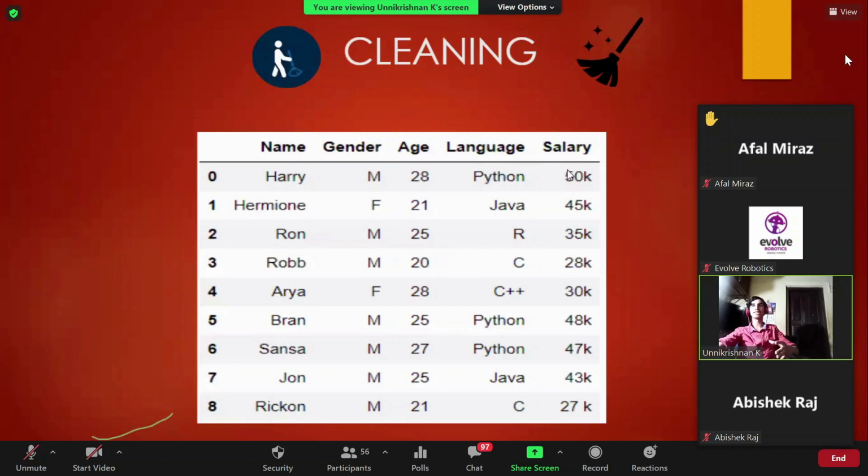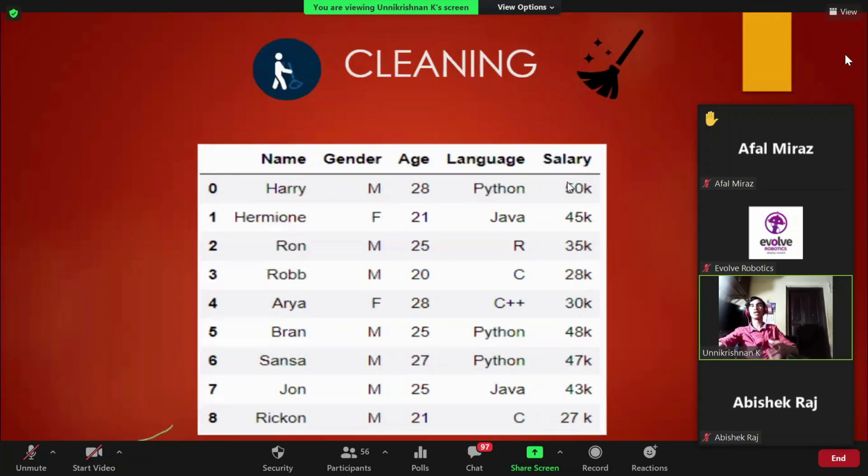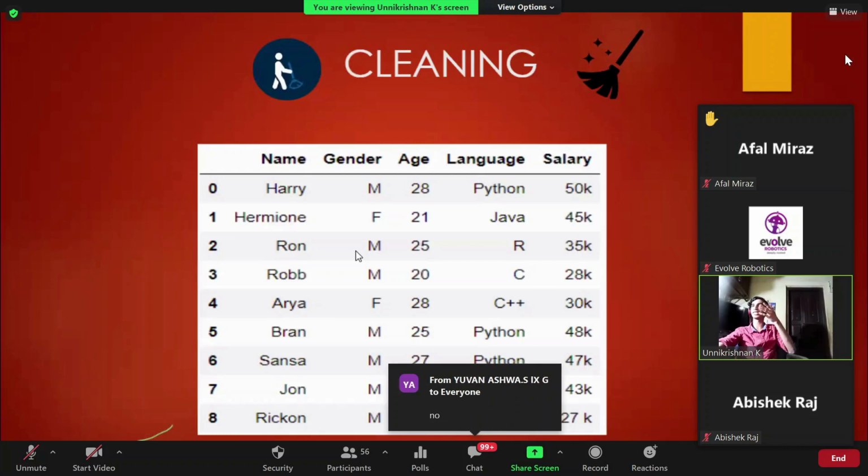To find a relationship, to solve our problem, do we need to know the name of our respondents? Can I see the reply in the chat box? Do you think it is necessary to know the names of the respondents to find a relationship between the programming language and the salary they get? No, obviously no, right?